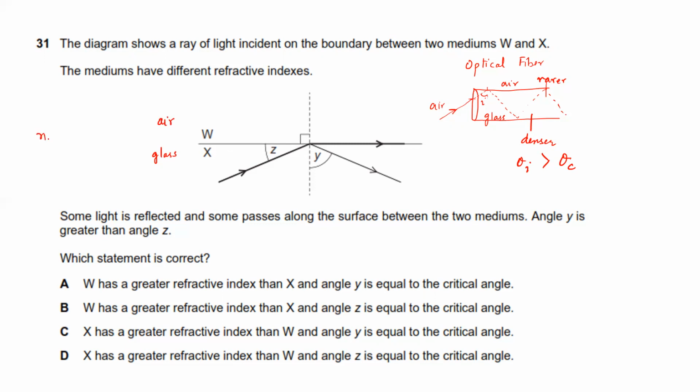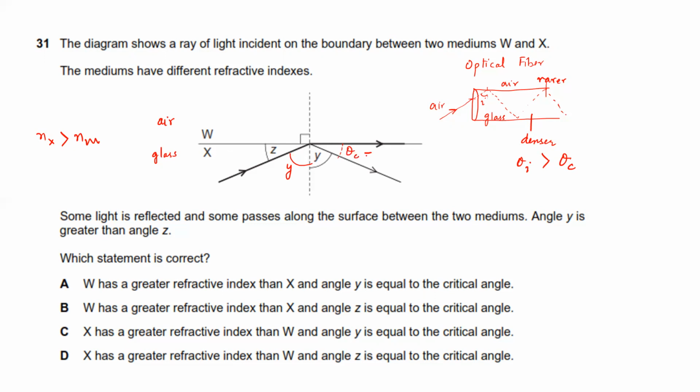So Nx is greater than Nw, and theta I, the angle of incidence, is this Y, and this is the critical angle theta C.